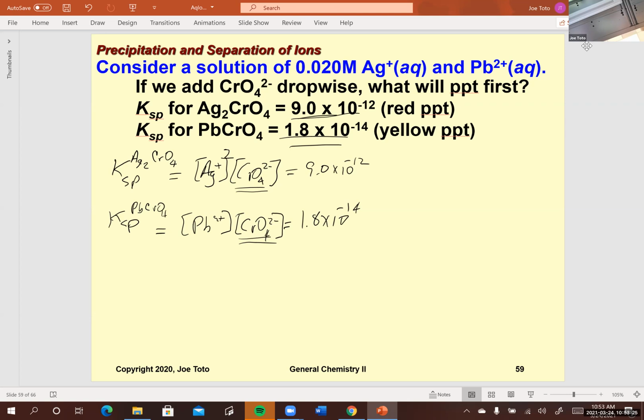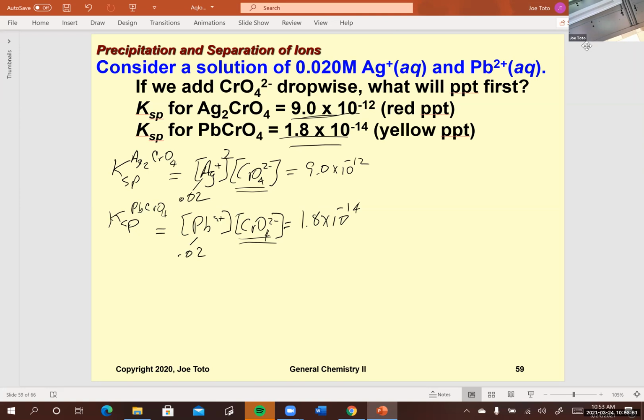Just a straight shot in the dark. Well, lead, because it's smaller. Absolutely. But not if the silver is actually doubled. Yes, okay, we're going to square it, but we can calculate this exactly, this amount of chromate, because we know in this case this is 0.02 molar, and this is 0.02 molar.